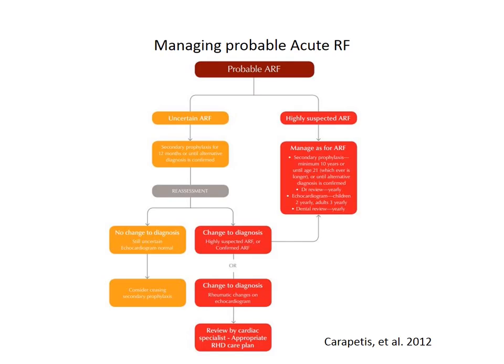If you change the diagnosis to highly suspected or acute rheumatic fever, or it is confirmed, then you go as with the highly suspected acute rheumatic fever, and then you can either change the diagnosis to rheumatic changes on the echocardiogram. Then if you do have rheumatic changes on the echocardiogram or pathological changes in either the mitral or the aortic valve or both, then you review by a cardiac specialist, and the appropriate rheumatic heart disease care plan is undertaken.